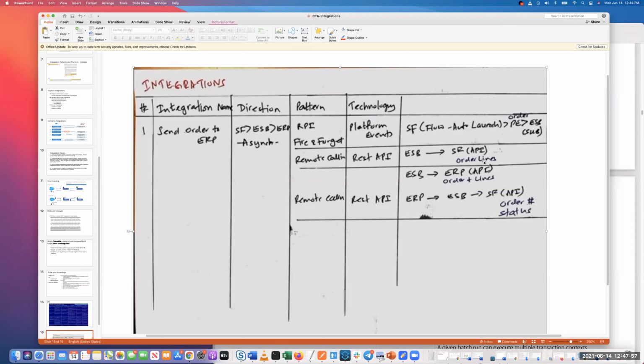Because in my first review board, I had a comment that I had not mentioned the key elements going through as part of the integration. And after that, the ESB is going to send another API call to ERP, which includes the order and order lines. And after that, the process is going to do another remote call with the ERP order number and the status, right?